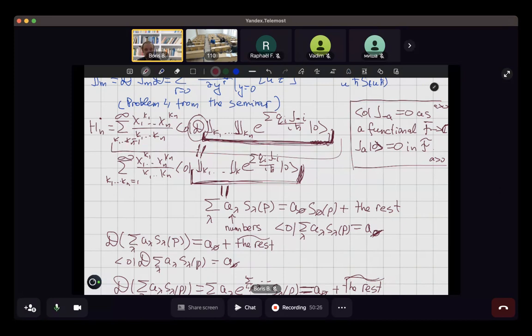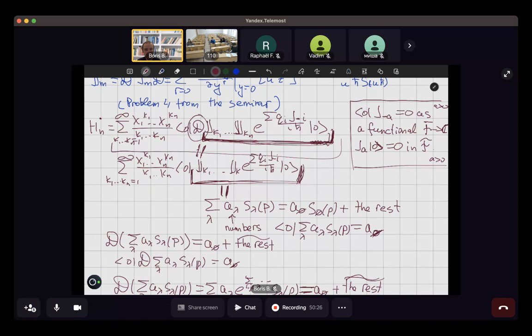Now, let me write this commutation relation for exponents of J operators. I remind that we are proving this theorem, so I should write proof somewhere. I think here, proof. And it was the first step: we erase this D. The second step, we had this commutation relation, let me write.